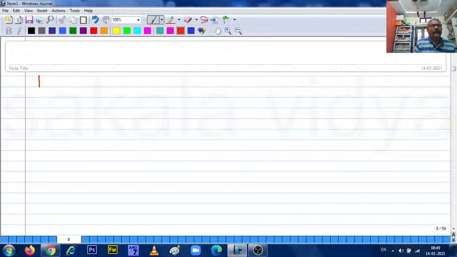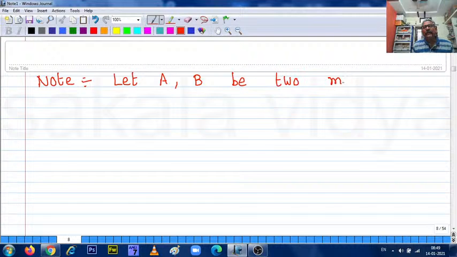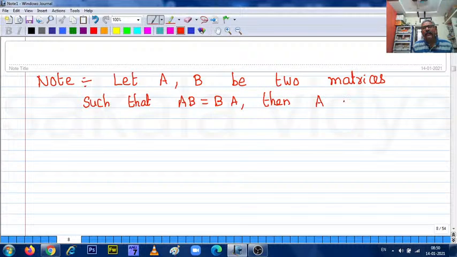But note, write down, sometimes let A, B be two matrices such that AB is equal to BA, then A and B are said to commute.